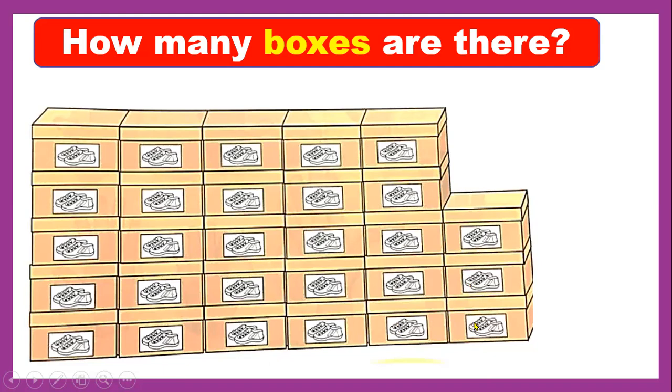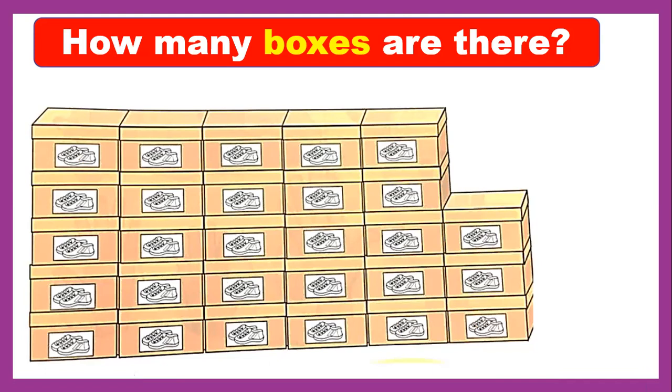It means we have 56 shoes in these boxes, and in each box we have one pair, meaning two shoes. So we count all the shoes by counting in twos, and we know that there are 56 shoes.